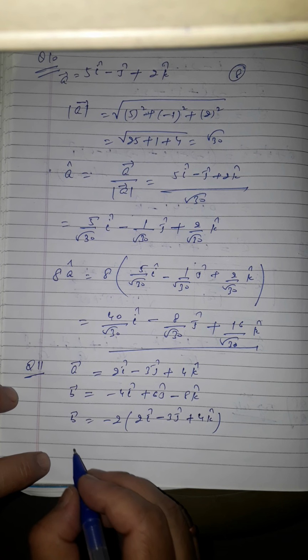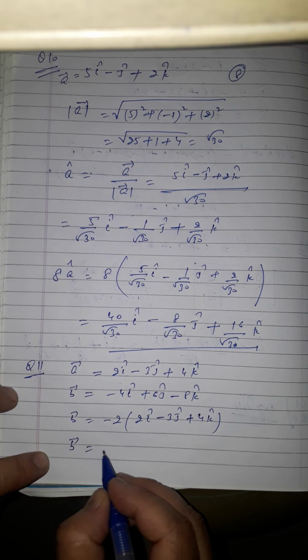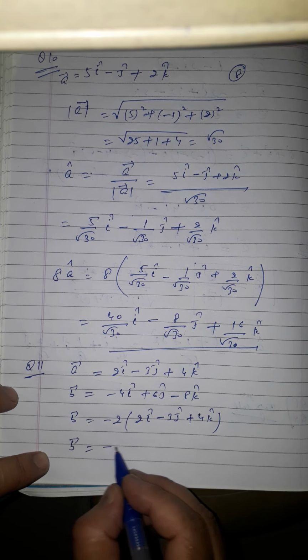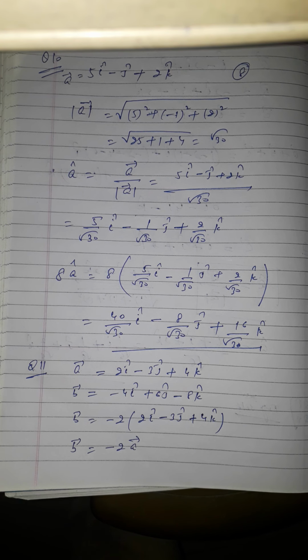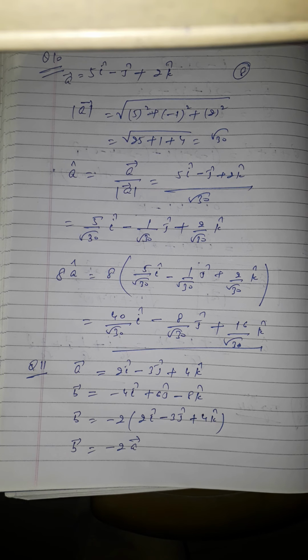Now what you will see, students, this vector B is equal to minus 2 of vector A. It means B is the scalar multiple of A. Therefore, what you will say? You will say that the vector A and vector B are collinear vectors.